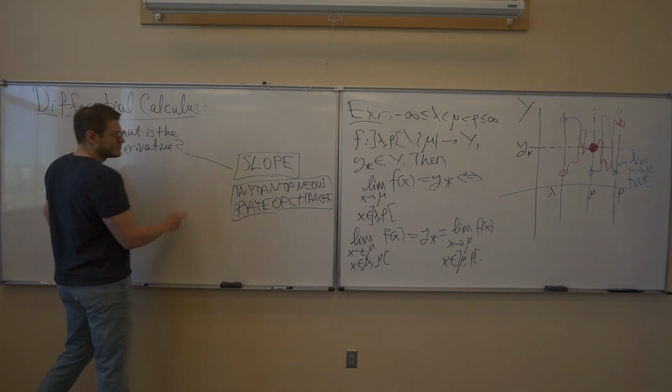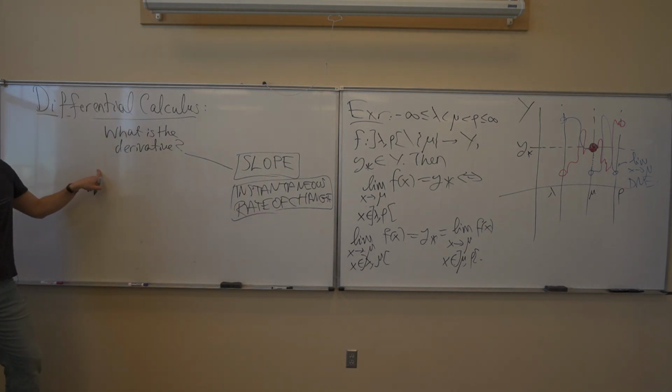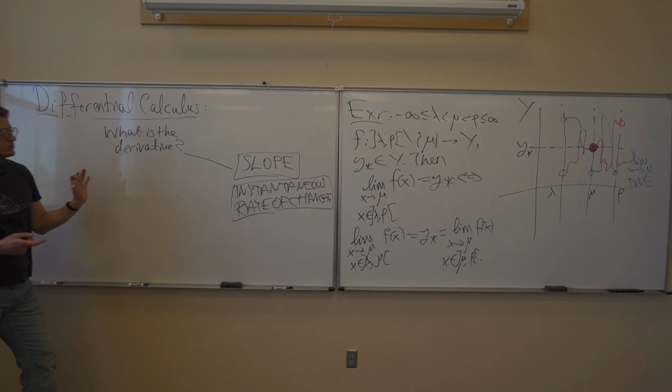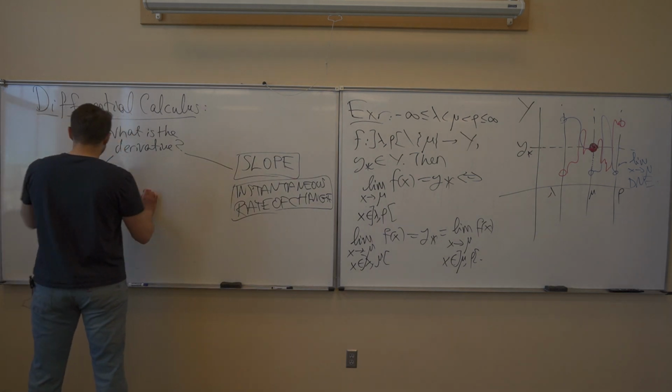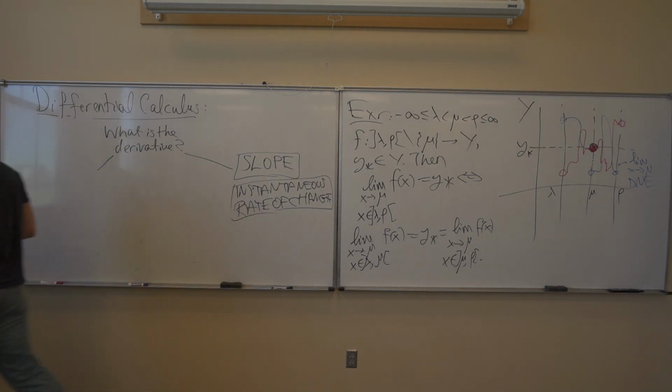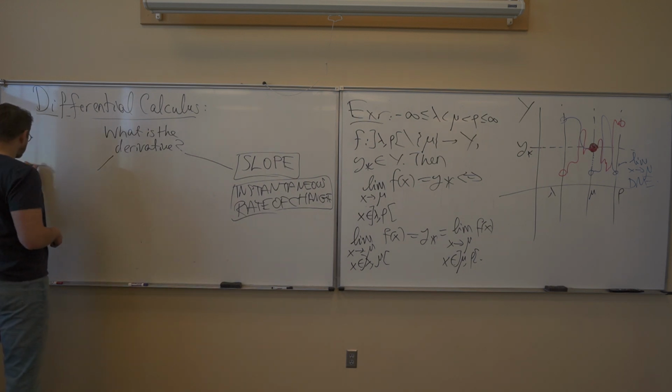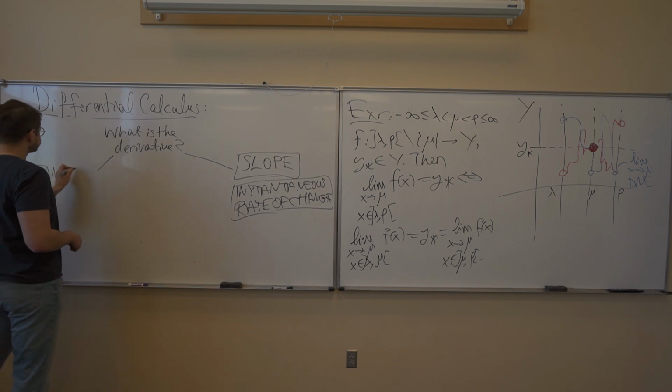So in other words, really once you have the derivative, you also know the tangent line, okay? So let's write it like this. How did I write it here? So tangent line.